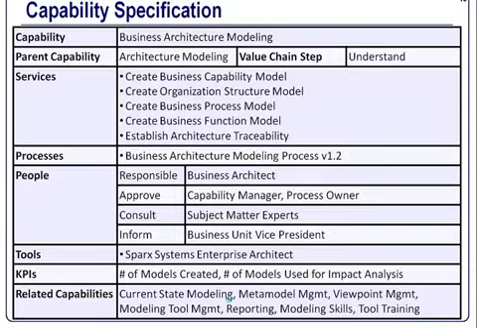And as I'm sure you wouldn't be surprised, none of these capabilities stand alone. There are often related capabilities. So doing business architecture modeling, which is a part of the first-class value chain in Understand, requires supporting capabilities such as current state modeling, metamodel management, viewpoint management, modeling tools, reporting, and modeling skills.